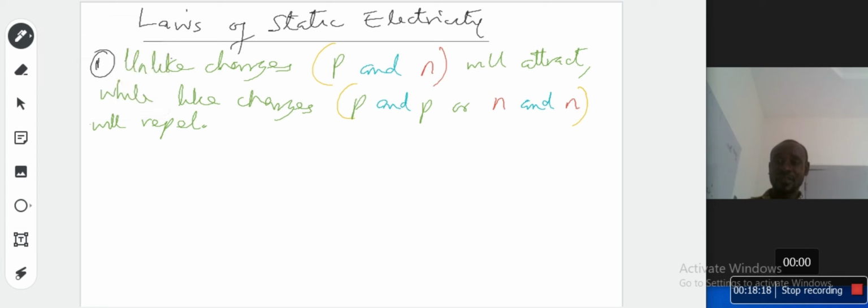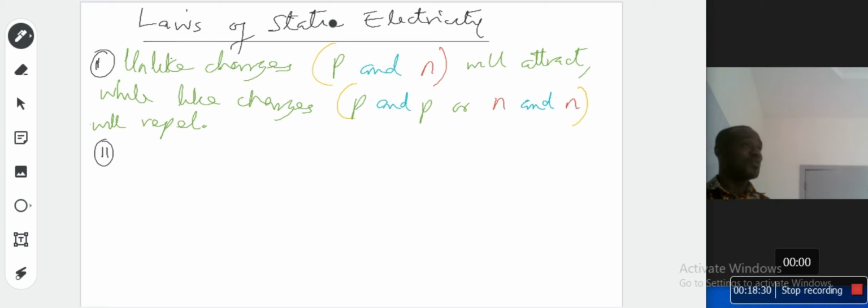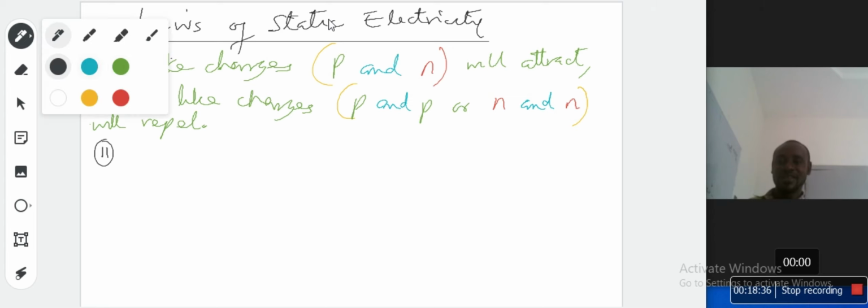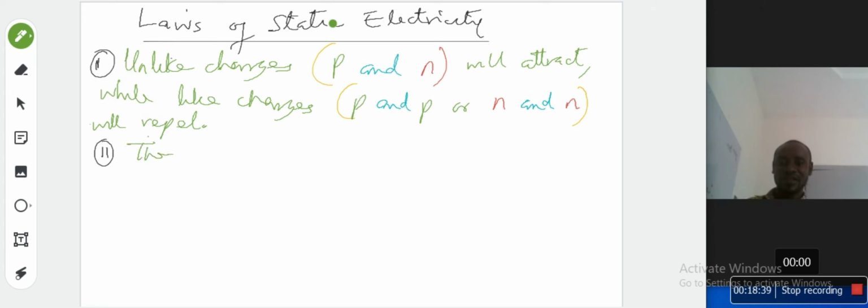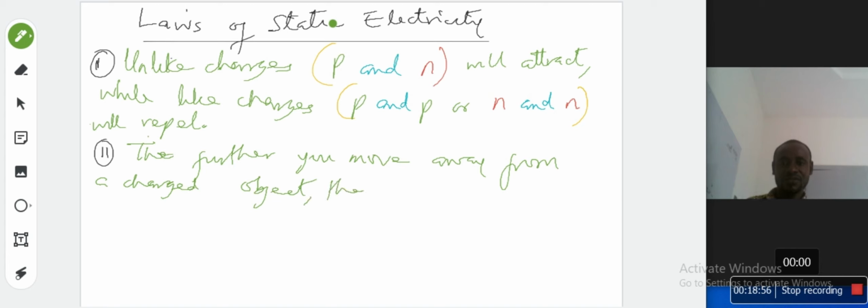Now another law which I think you need to know is just like in magnetism. The further you move away from the magnet, the weaker the force. So the further you move away from the charged object, the weaker the force. All right, we can include that. The further you move away from a charged object, the weaker the electrostatic force.